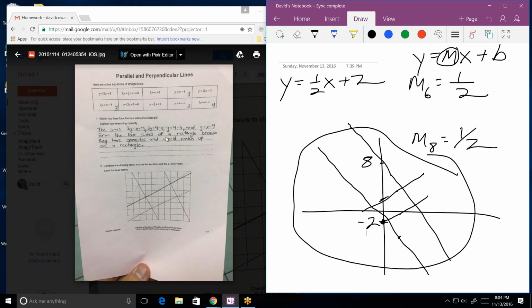I'm not sure when you write this explanation here that you need to write these equations. I would not. I would just say you're looking for 2 lines that have the same slope and 2 others that have the negative reciprocal of the first 2. That's all you need to do.